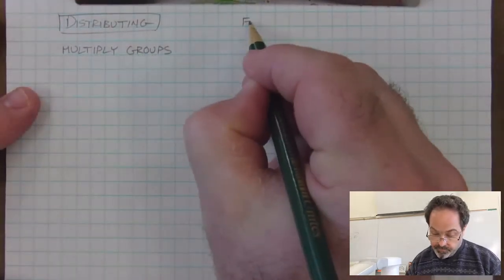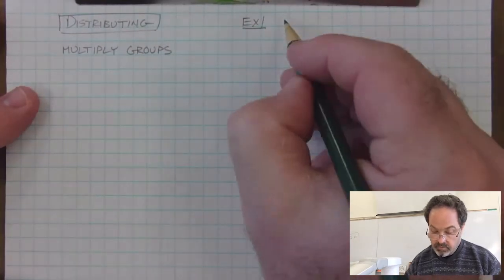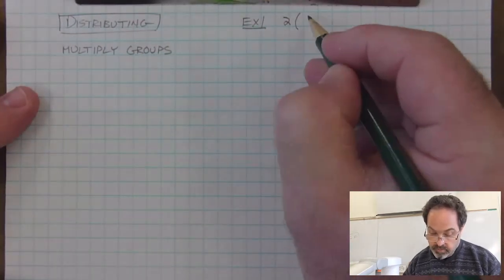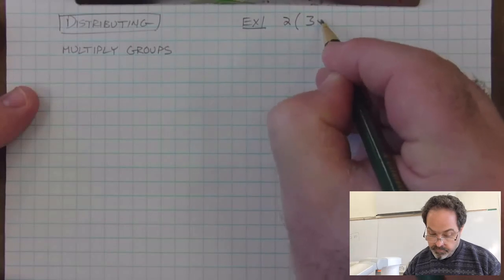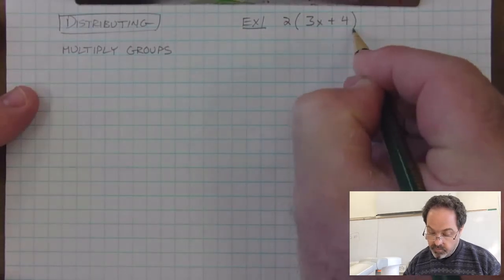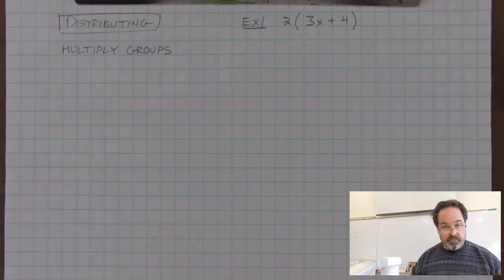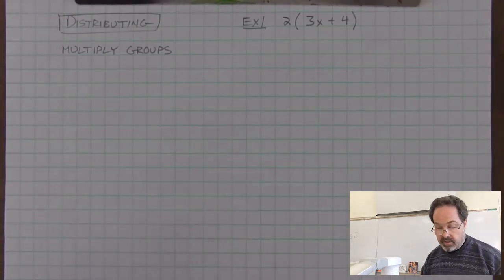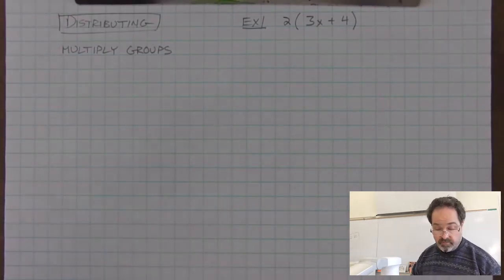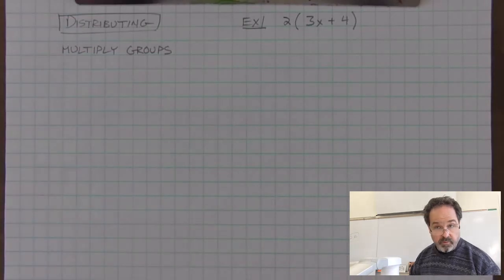For example, 2 times the group 3x plus 4. I'm multiplying the 2 and everything inside the parentheses, 3x plus 4.